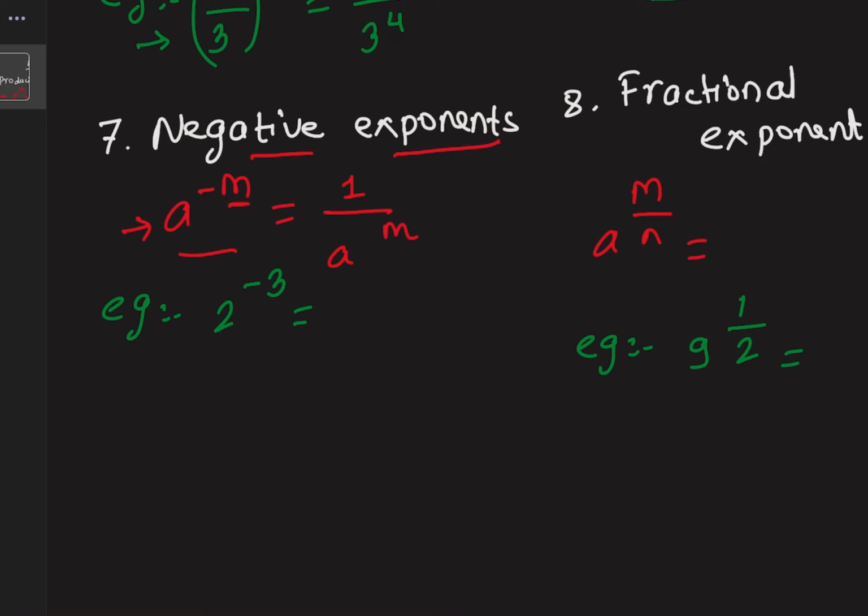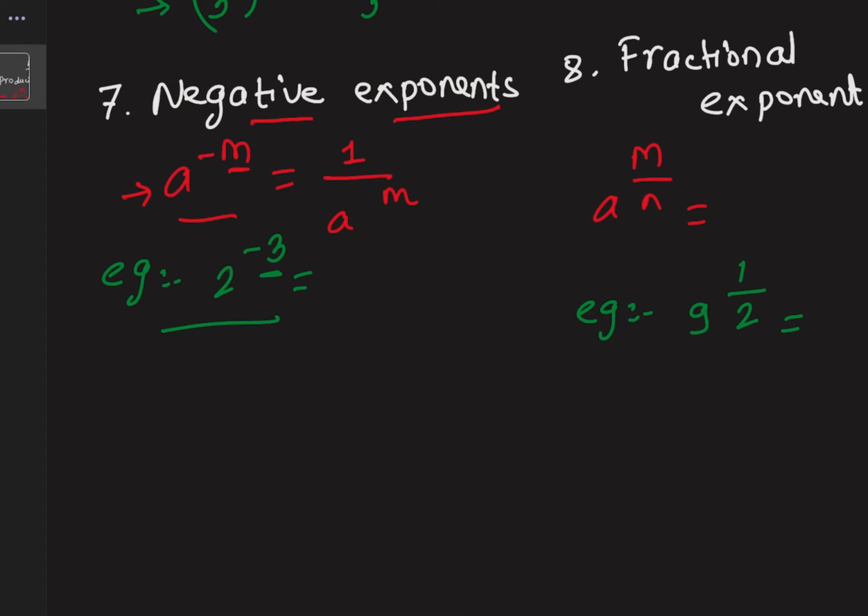That is, a to the power minus m can be written as 1 divided by a to the power m. For example, 2 to the power minus 3: the sign of the exponent is negative here, so to make it positive, we can write this as 1 divided by 2 to the power 3. So this is the negative exponent.